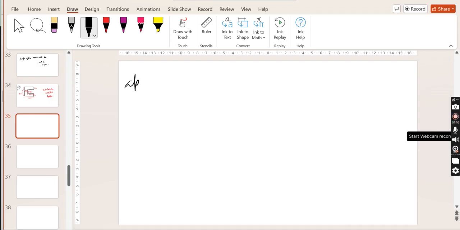So approach 1, that is the addition method.